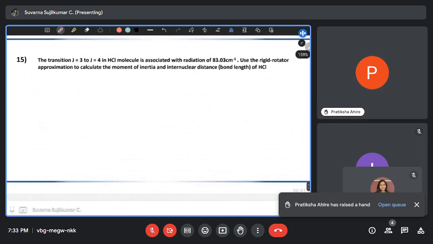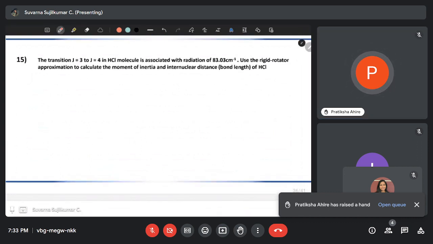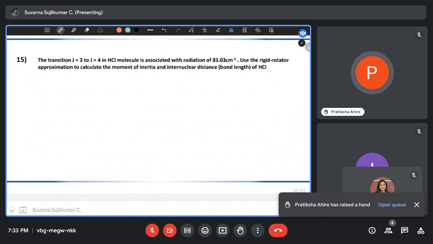The next question. The transition J equal to 3 to J equal to 4 in the HCl molecule is associated with radiation of 83.03 centimeter inverse. Use a rigid rotor approximation to calculate the moment of inertia and internuclear distance, which means the bond length of HCl.